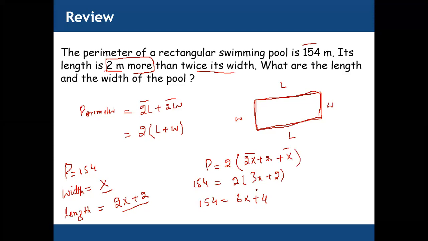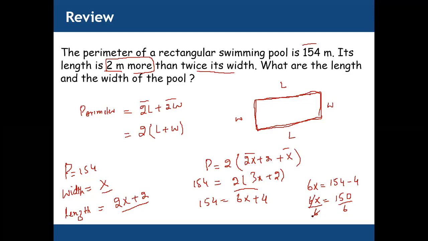To find the value of x, transfer 4 to the other side. We have 6x equal to 154 minus 4. 6x is equal to what? 154 minus 4 equals 150. If you divide both sides by 6, 6 cancels with 6. 150 divided by 6 equals what? 150 divided by 6 equals 25.